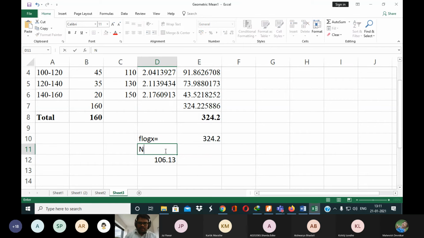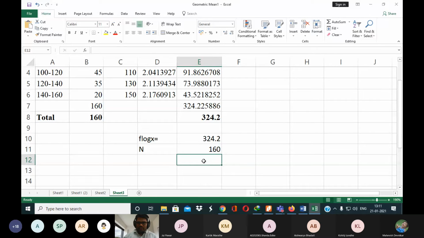You can see n is 160. Now we need to find the division of this. The division will be 324 divided by 160, so it will be near about 2.202, and we need to find the anti-log of this number.